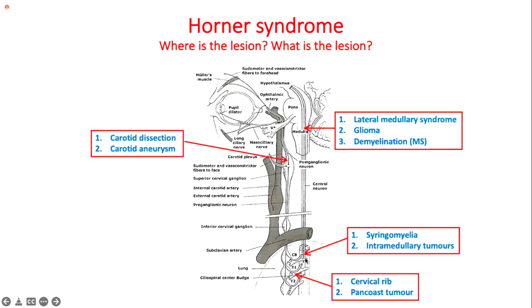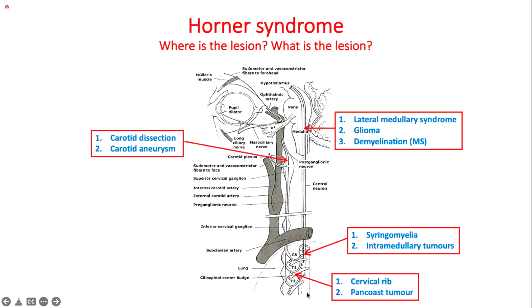In syringomyelia, as I have taught you in the cord lesions, you have wasting of the small muscles of the hand and loss of temperature sensation in the hands. These are features of syringomyelia. In a cervical rib, you will again have C8/T1 wasting and weakness in the hands.